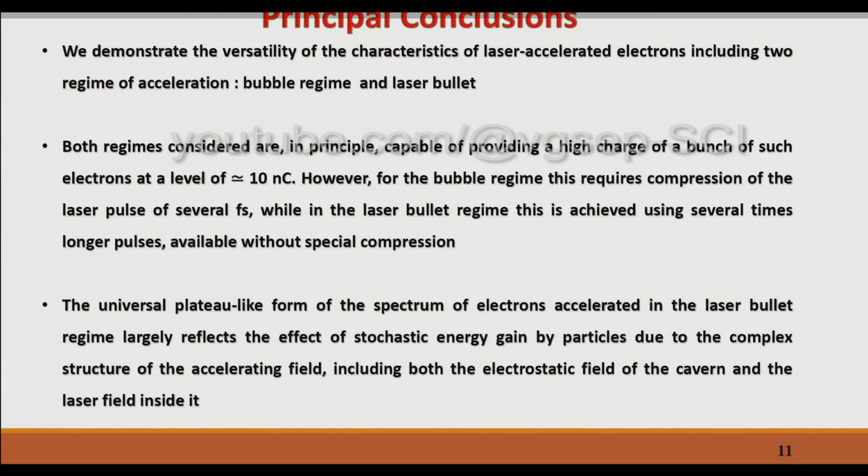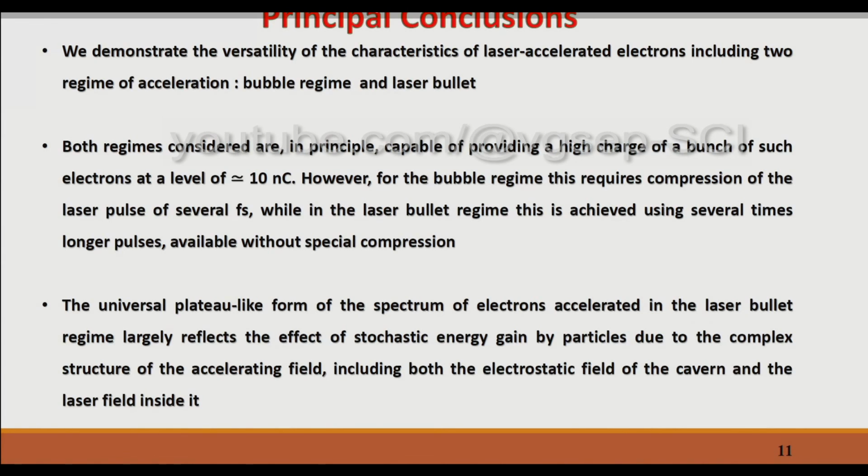We try to draw some principal conclusions here for electrons. Here we demonstrate that if we use currently existing lasers, the optimal option is to use the laser bullet regime.